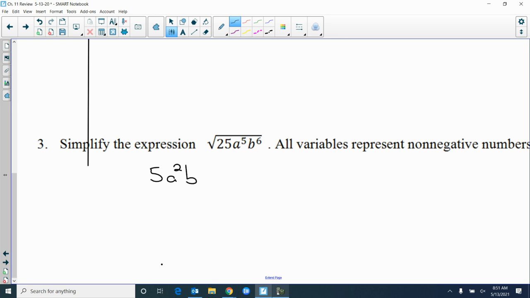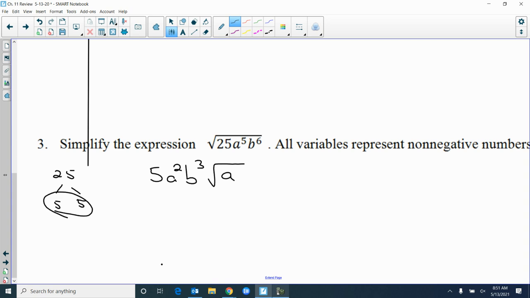Radical a, that would be correct, because 25 is just 5 times 5. When you have a pair and nothing left over, that means you have no numbers on the inside. The shortcut for these is you just cut the exponent in half. 6 cut in half is 3. 5 cut in half is 2, but you have 1 left over, so it's just going to be a. You can write them all out in circled pairs if need be, but it's not necessary.